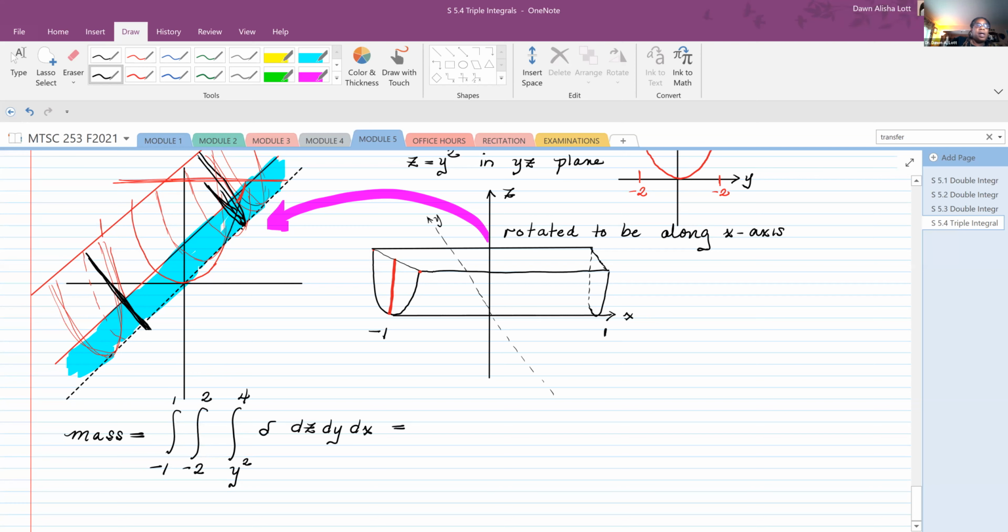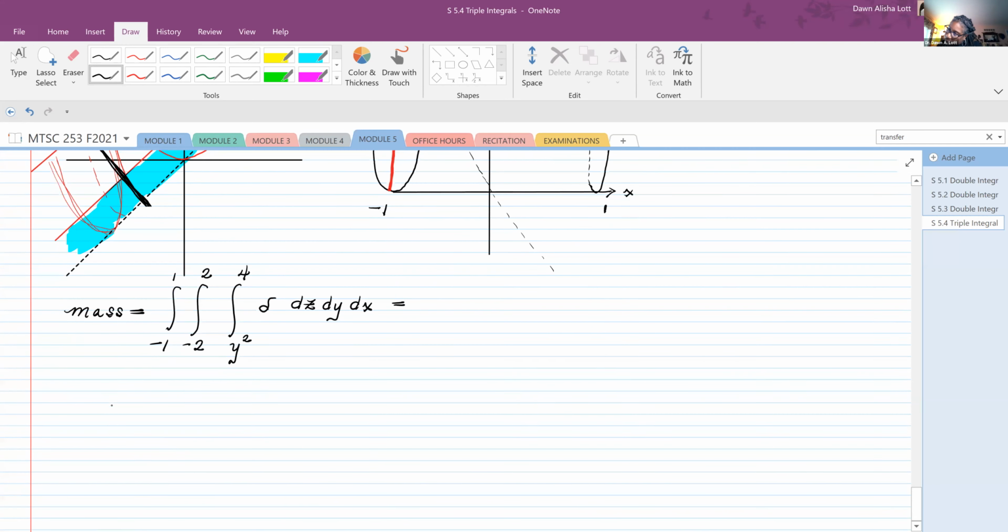Okay, so I can pull the density out. And I'll go from -2 to 2. And then I'm going to just get z evaluated between y squared and 4, dy dx.